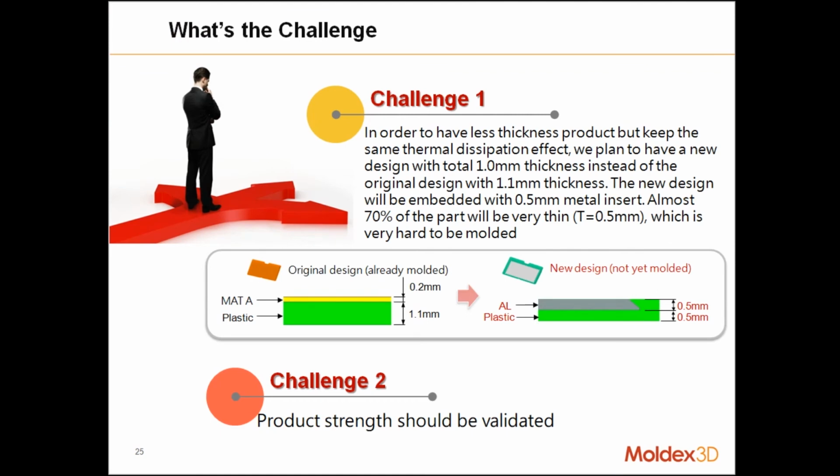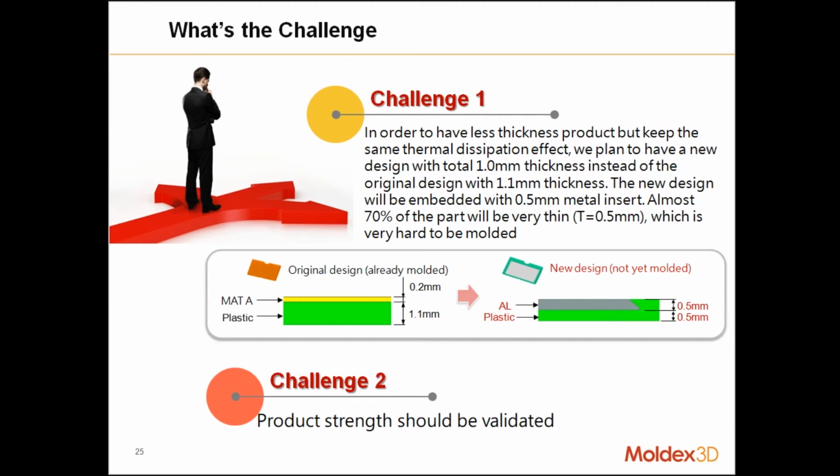Since we are talking about the tablet, you can imagine that the tablets we use now are getting lighter and thinner day by day. So in the industry, they are also facing the difficulty of keeping the same thermal dissipation effect but with less thickness. This is quite a challenging job.